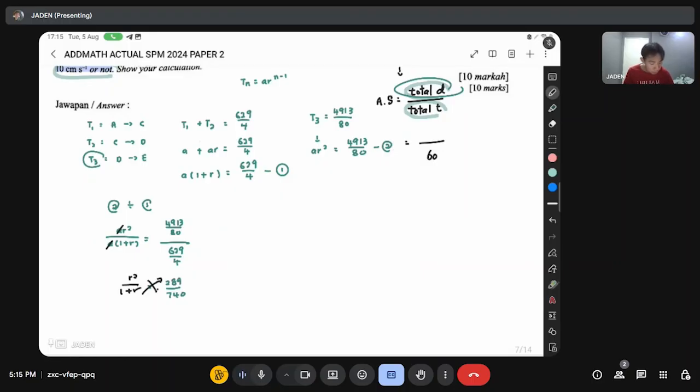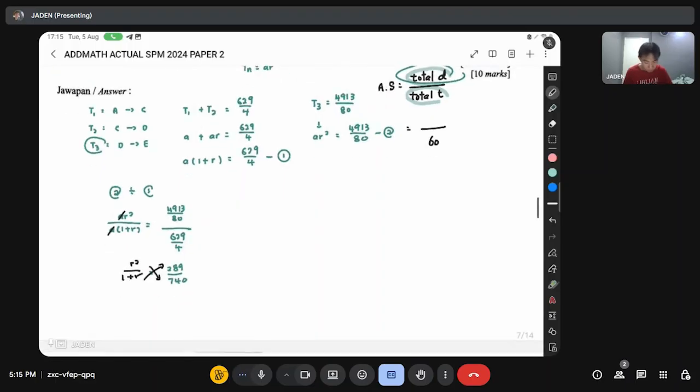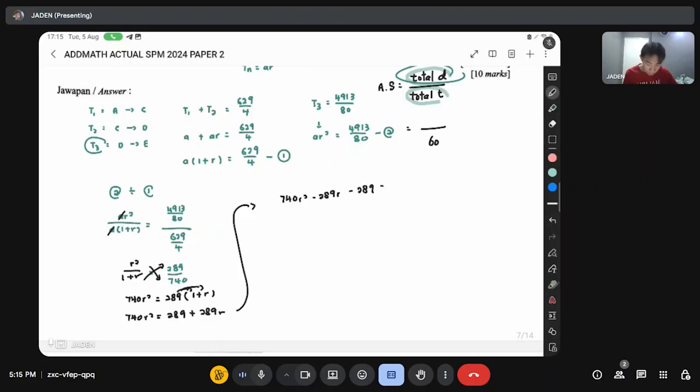And then you want to do cross multiplication here, so you will get 740r^2 equal to 289(1 + r). Expand this out: 289 plus 289r equals 740r^2. Let's continue here. Make it into quadratic general form: 740r^2 minus 289r minus 289 equal to 0.